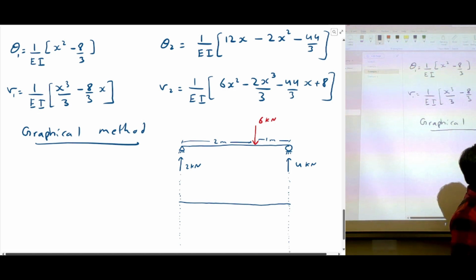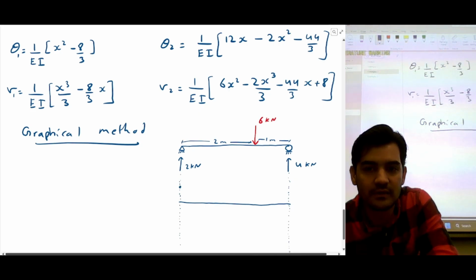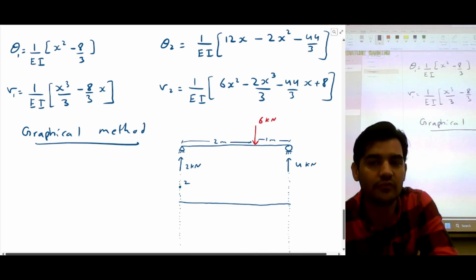So we know reaction is 2 kilonewton, right? So this reaction is actually a shear force. If you cut a section, this is what you're gonna get, the shear force. So reaction is actually a shear force. So I'm just gonna draw this reaction as a point in shear force.